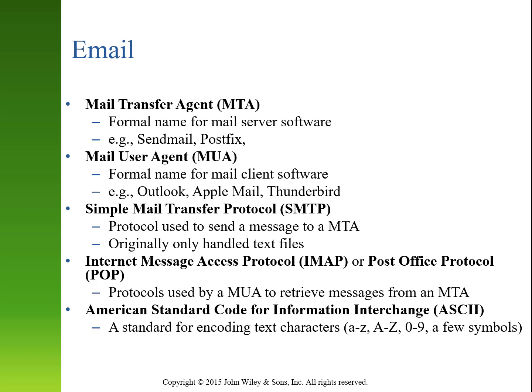Although it was originally only designed for text files, it has been modified with an additional protocol to handle graphics and attachments. Another common protocol for mail is Internet Message Access Protocol, and a third is Post Office Protocol. And many of these are again still used today for different types of email services.